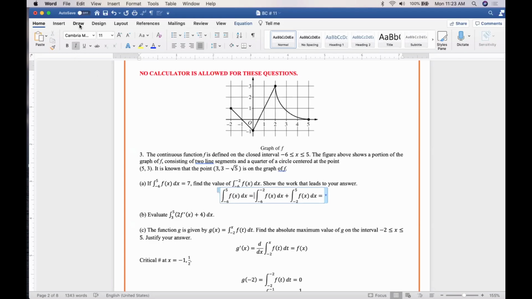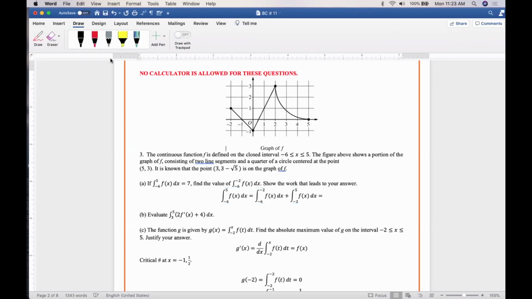Basically, let me draw here. If this is -6 here, the area from -6 to -2 plus the area from -2 all the way to 5 will give me the area from -6 all the way to 5. That's what this is, right? All you have to do now is substitute the numbers that you know.